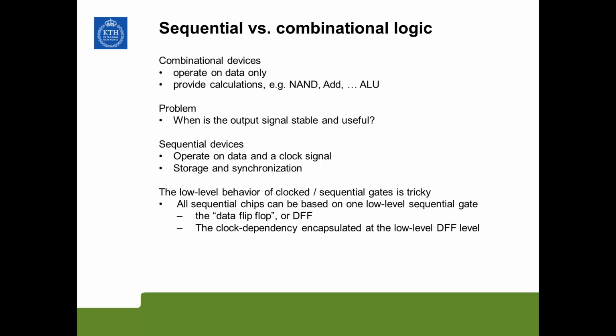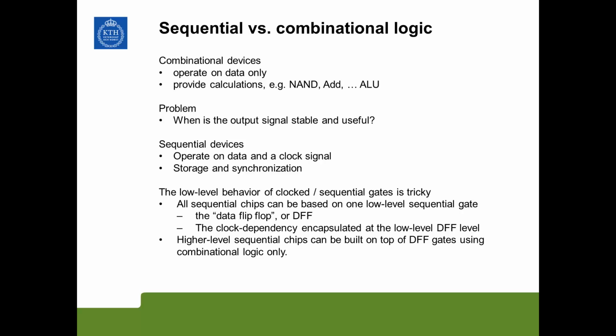We're not concerned with the implementation of the DFF. We take it as given in this course. Given the data flip-flop, we can build higher sequential chips from that one, just as we built the ALU from just being given a NAND gate.